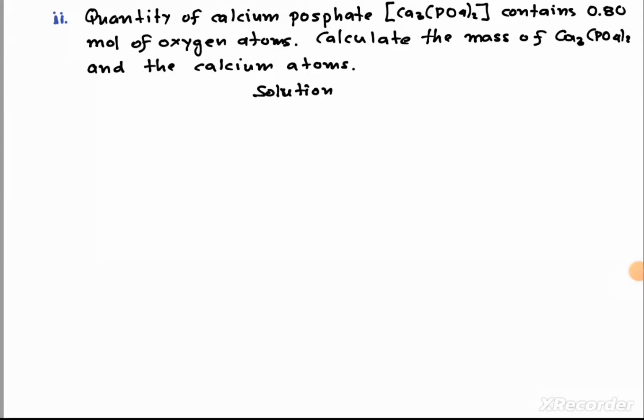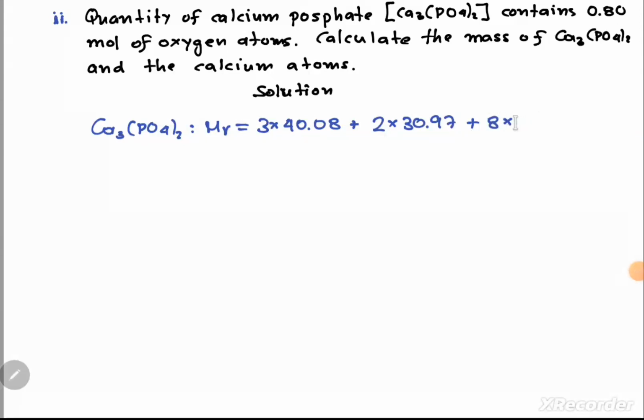We're interested in the mass of calcium phosphate, so we first calculate MR. For calcium phosphate, MR is equal to 3 times AR of calcium plus 2 times AR of phosphorus plus 8 times AR of oxygen, which is equal to 310.18.